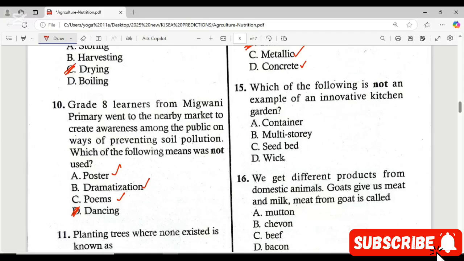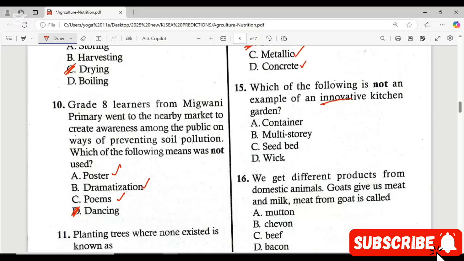So which one of the following is not an example of an innovative kitchen garden? The container is an innovative one. Multi-story, seedbed, wing, right? Which one is not?